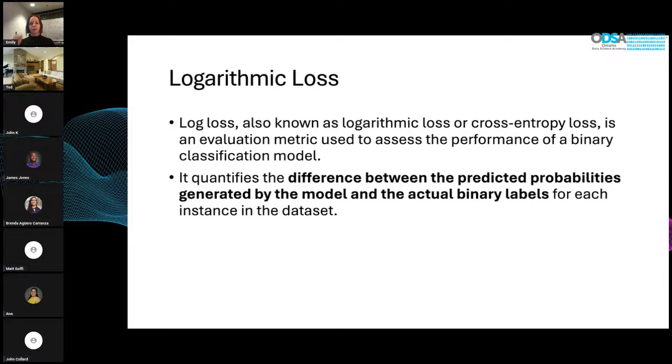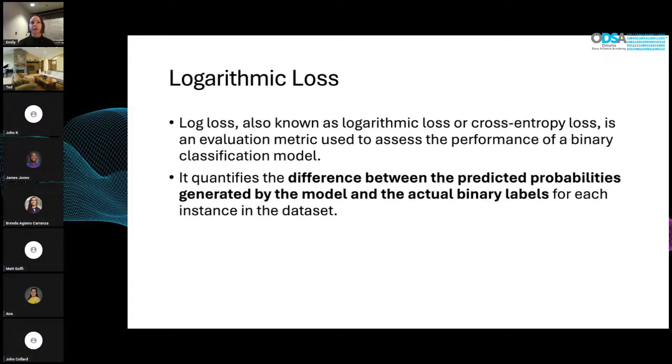Prior to this point, all we've looked at is assessing your predicted value, meaning your 1 or your 0, compared to the real world value, 1 or 0. This is the first metric we're going to look at that actually assesses the difference between the predicted probabilities generated by the model, not just the labels.